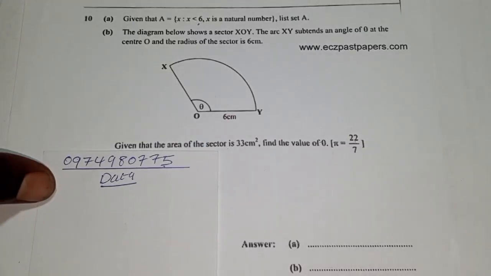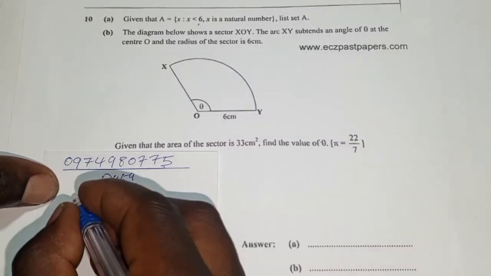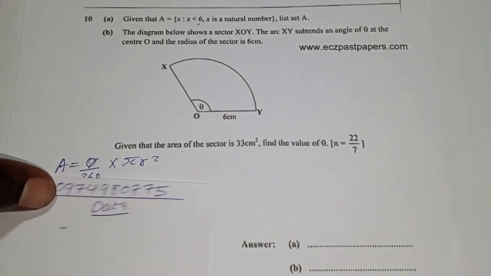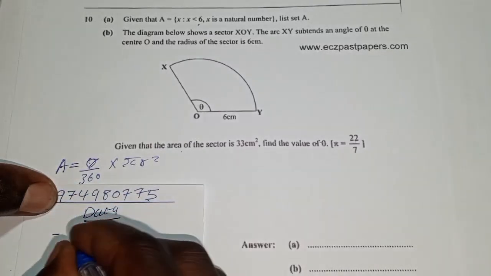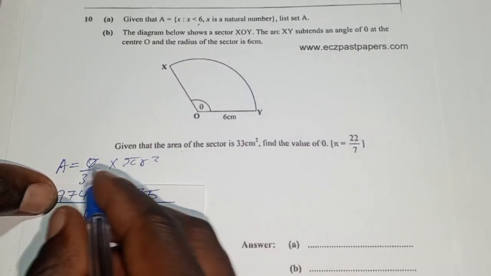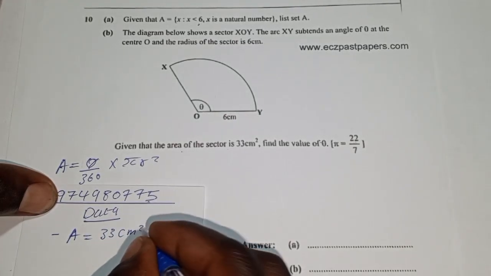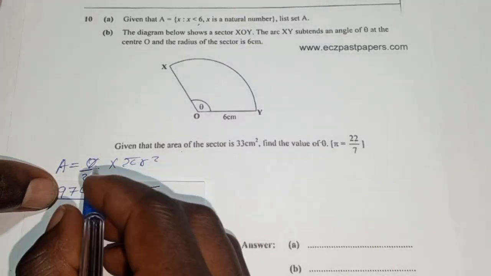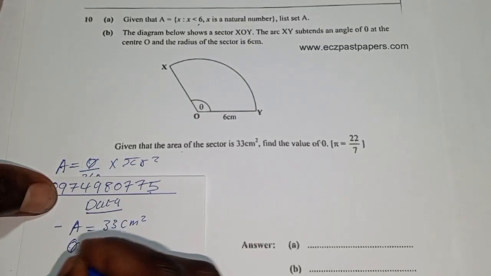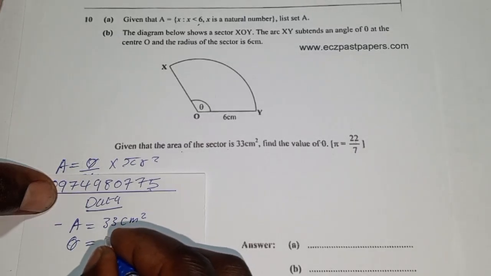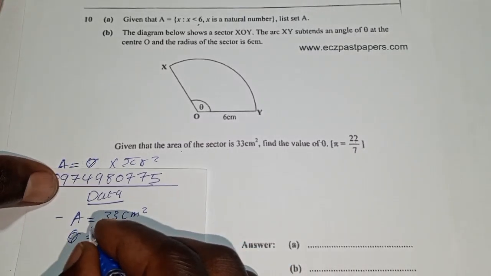The area we have been given as 33 centimeters squared. What else do we need? We need theta or the angle. The angle we don't know. That's what we are calculating.